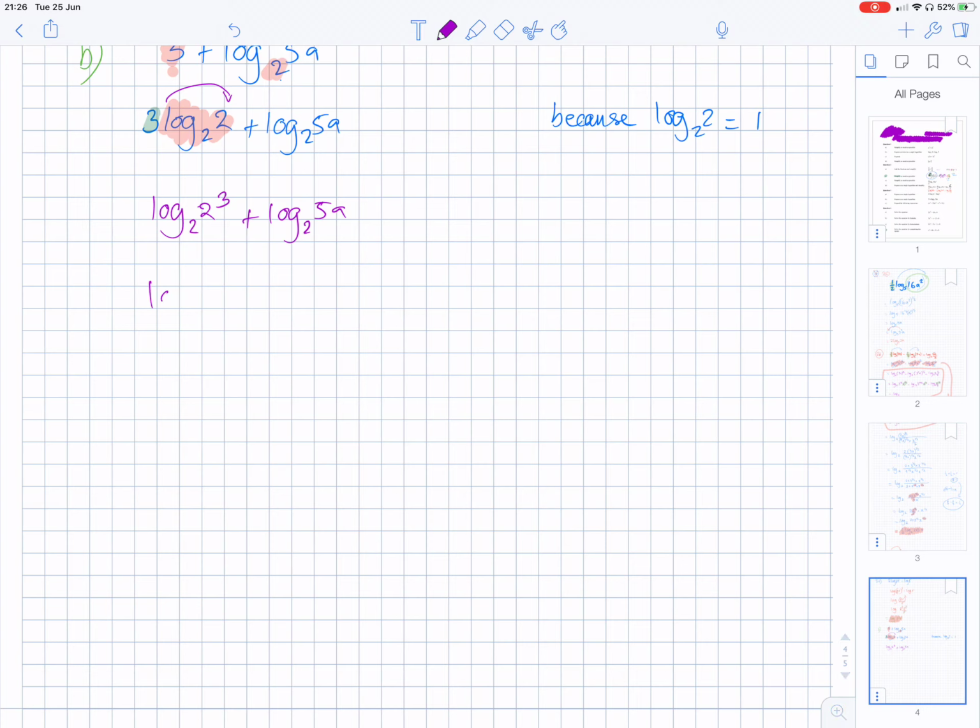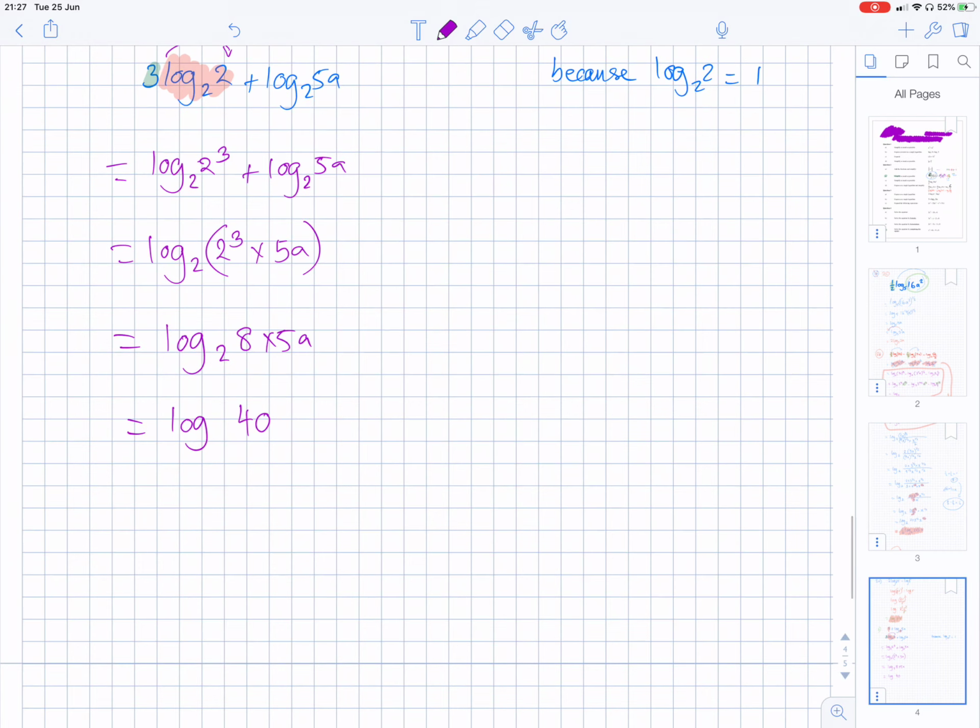So this becomes log 2 cubed times 5a base 2, which becomes log 8 times 5a base 2. 8 times 5 is 40, so this becomes log 40a base 2.